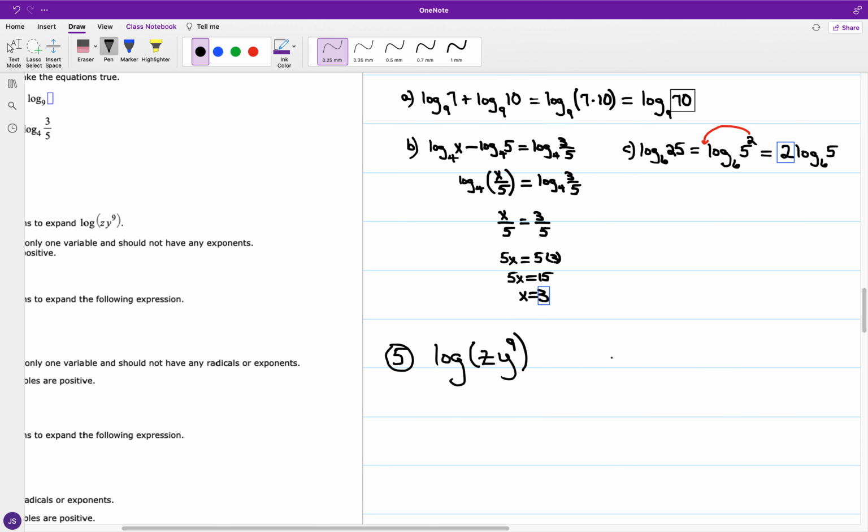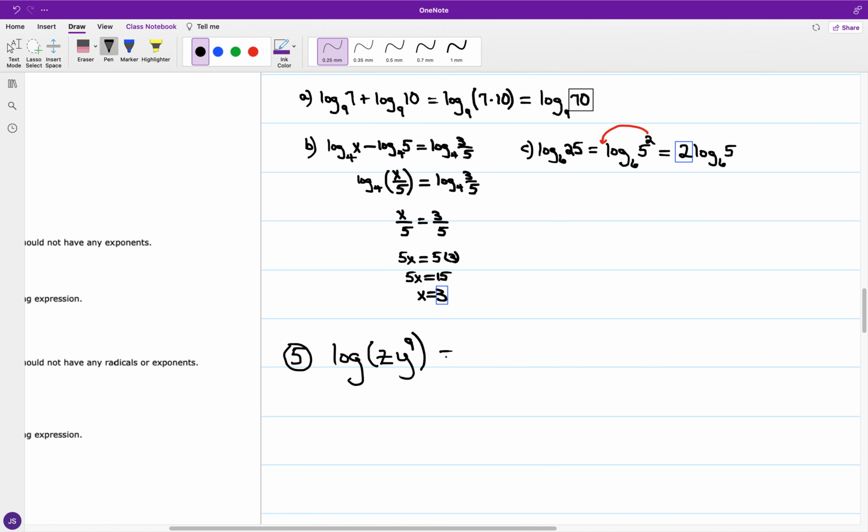Between the factors, we have multiplication, and multiplication is going to imply addition. So separating z and y to the 9th, we have the base 10 logarithm of z plus the base 10 logarithm of y to the 9th.